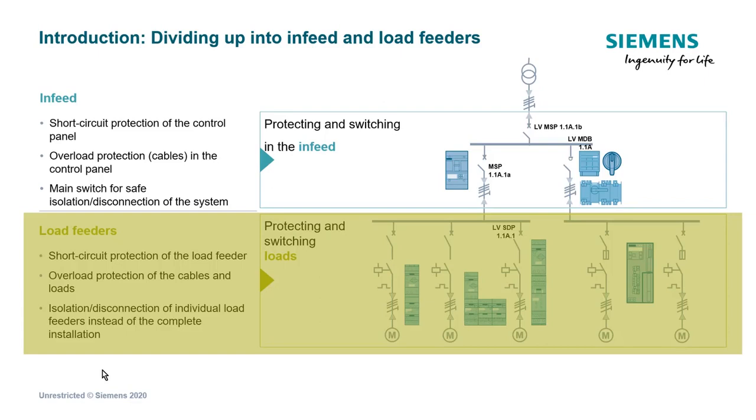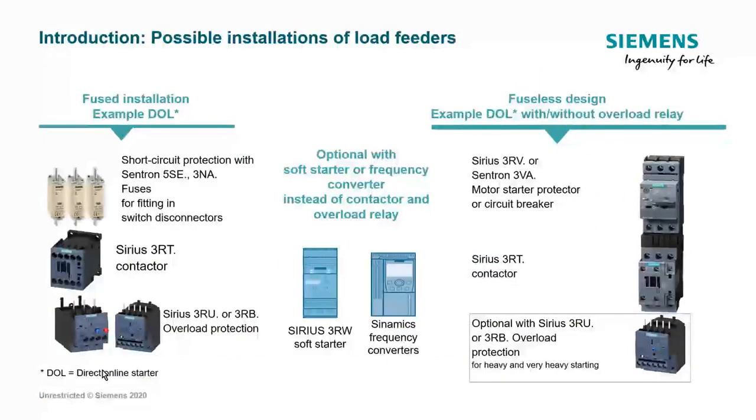Now, let's focus a little bit more on the load feeders. For the load feeders, we will need a short circuit protection of the load feeder, overload protection of the cables and the loads, and isolation or disconnection of the individual load feeders instead of the complete installation. When this happens, we can have two possible installations or designs: fused installations or fuseless design.